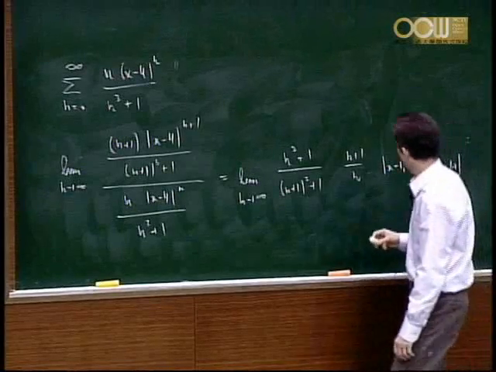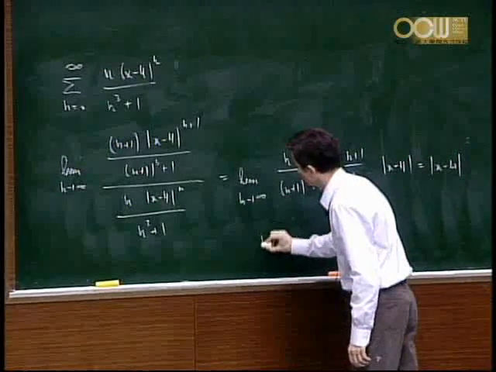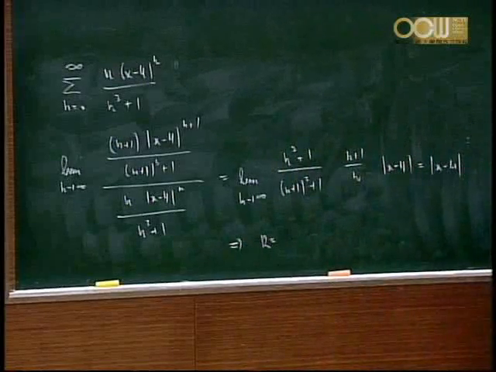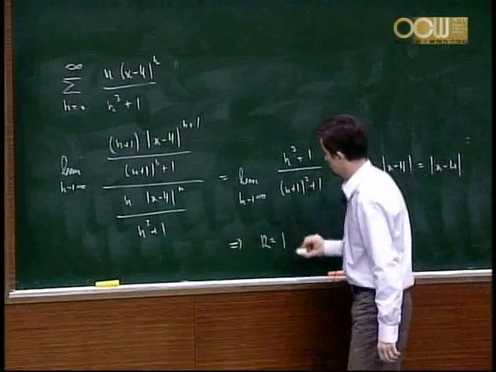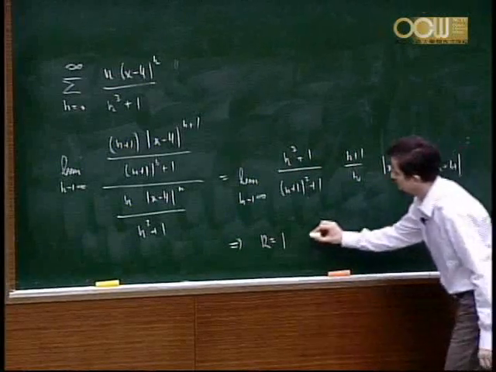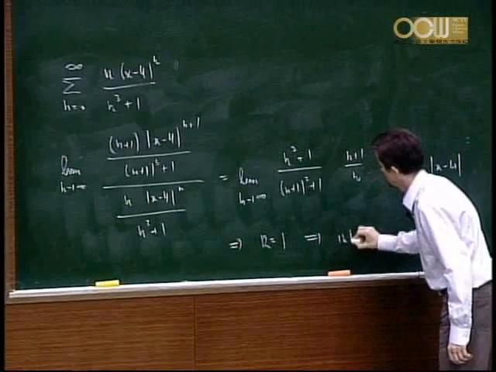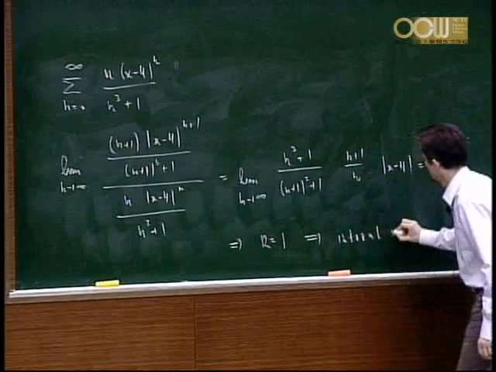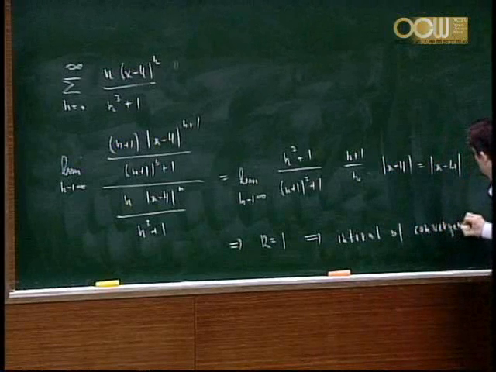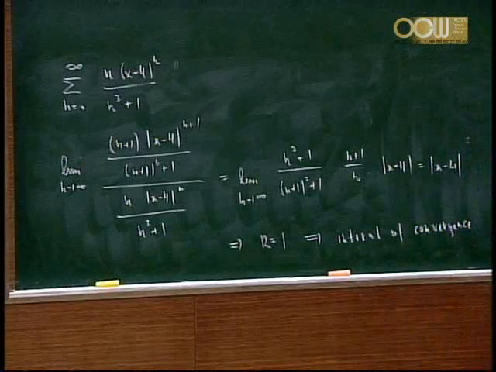From the ratio test, you get convergence when this is smaller than 1. So the radius of convergence here is equal to 1, centered at 4. You see that the interval of convergence is from 3 to 5.